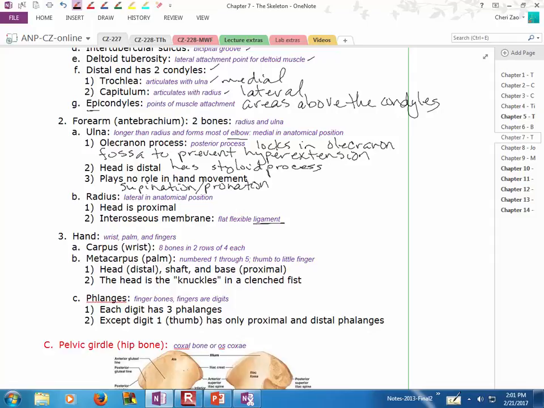So between the radius and ulna. This is my shorthand for between, B/T. And don't forget the radius, the proximal head articulates with the capitulum.